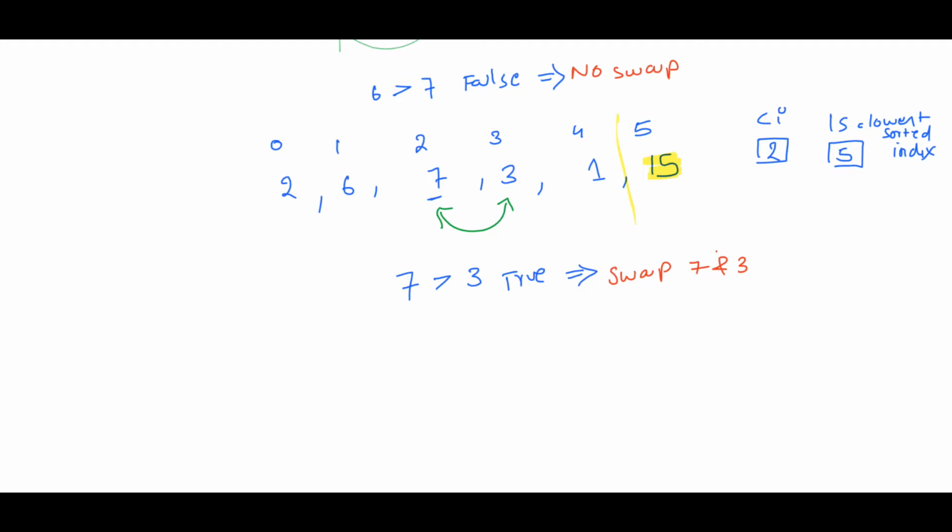At this point, let's use the right color. This is what we'll end up with. 0, 1, 2, 3, 4, 5, 2, 6, 3, 7, 1, 15.